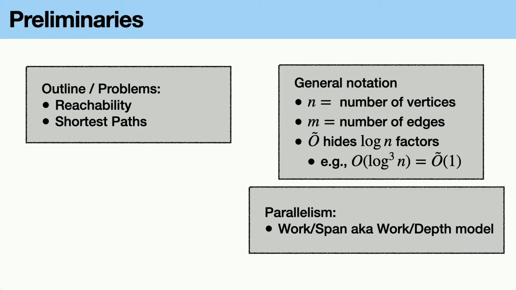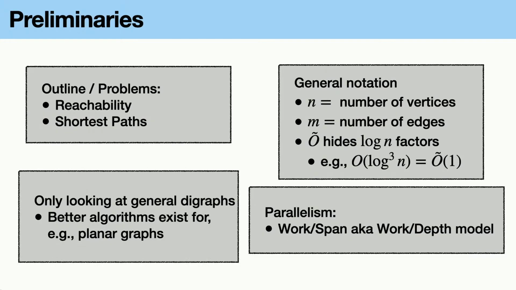In fact, the parallelism itself is going to be very high level when it comes down to it. I'm also only going to be looking at algorithms that work for general directed graphs. There are better algorithms if you're considering special cases like planar graphs. I'm not going to be talking about those at all. I'm also going to be thinking generally about worst case analyses. So again, there's probably better things if you're sort of considering other settings.